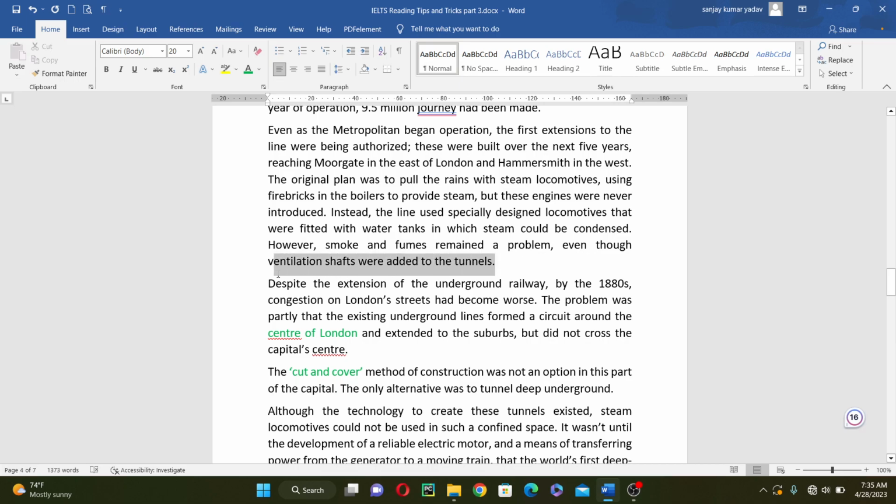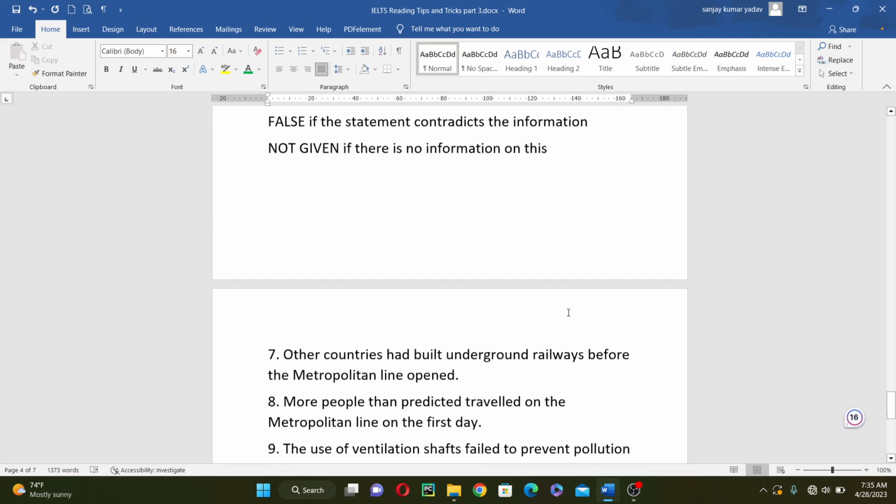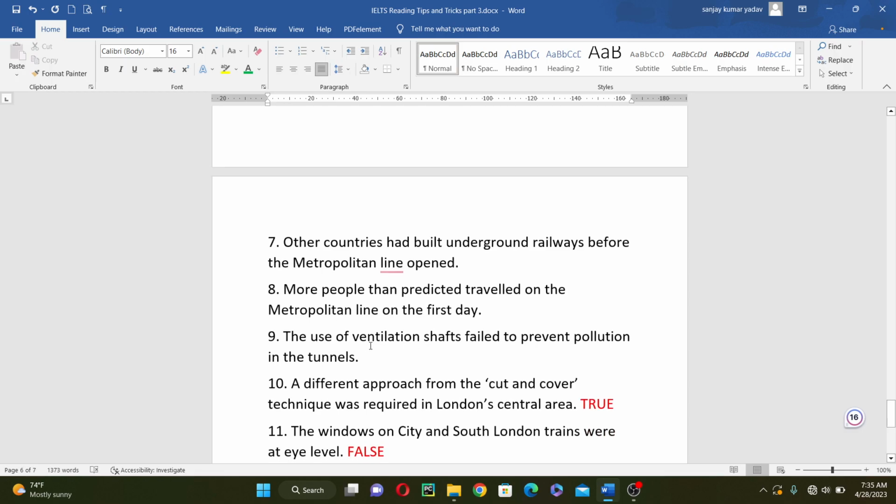Even though the ventilation systems were added to the tunnel, actually fumes remain a problem. So actually this is a problem. What is your question? The use of ventilation shaft failed to prevent the pollution in the tunnel. Yes, true. Well, actually it has failed, right?